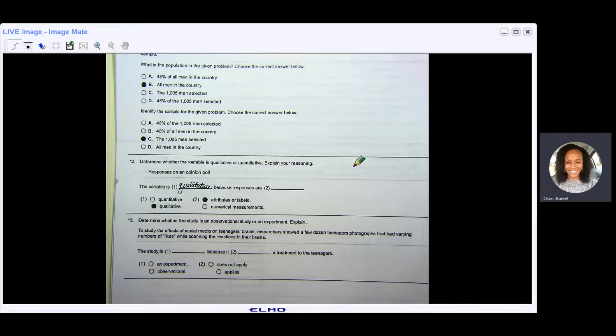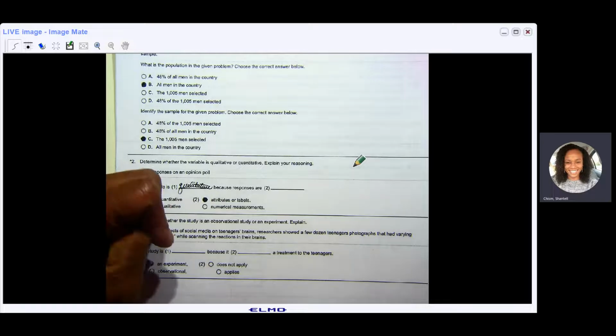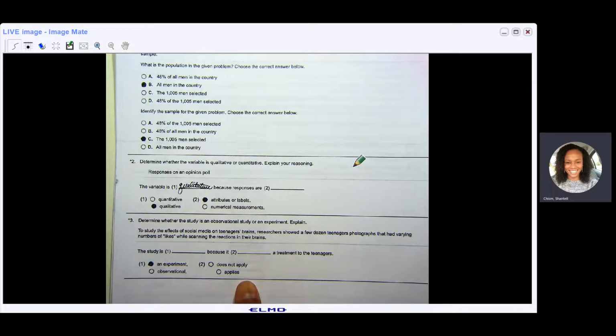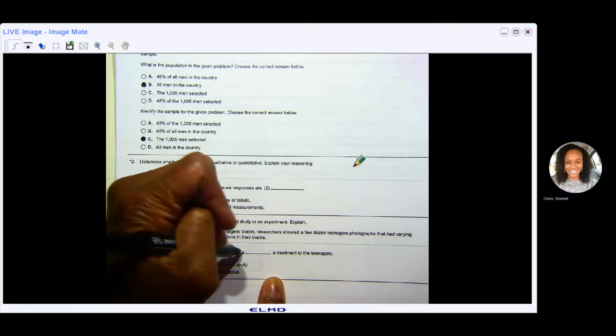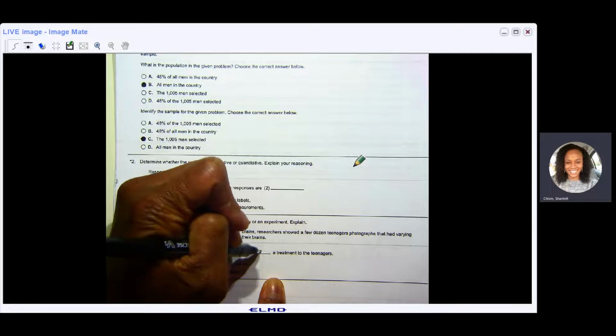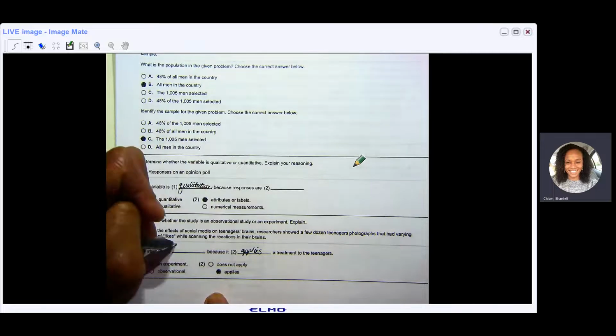Well, because the researchers actually did something to the group, in this case, they showed the teenagers the photographs, they actually applied a treatment. So that makes this an experiment, because it applies a treatment to the teenagers. They all were shown these photographs.